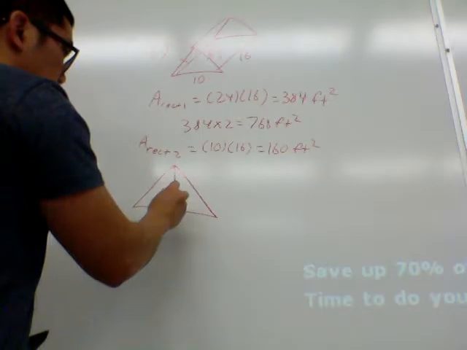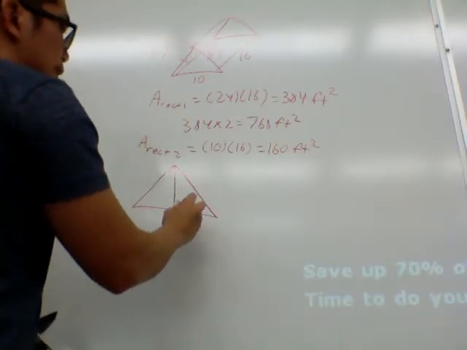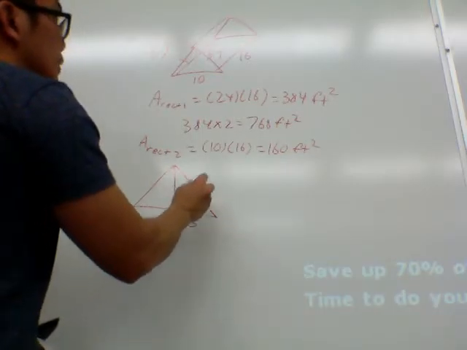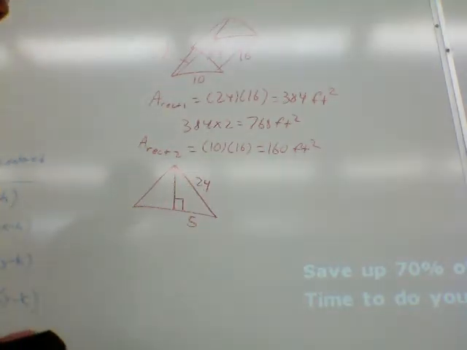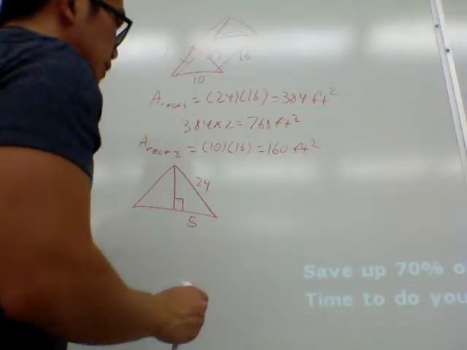Okay. If this is 10, this gets cut in half, and that's 5. This is 24. And so I could go ahead and use the Pythagorean Theorem to find the missing side.